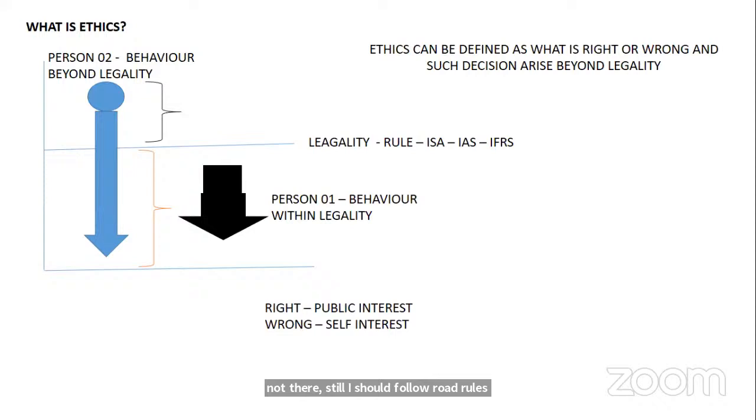Most people violate rules. Can we expect that when their behavior moves beyond legality, they will take public interest decisions? So the International Ethics Standards Board said, when professionals are not following rules, that is also an ethical risk.